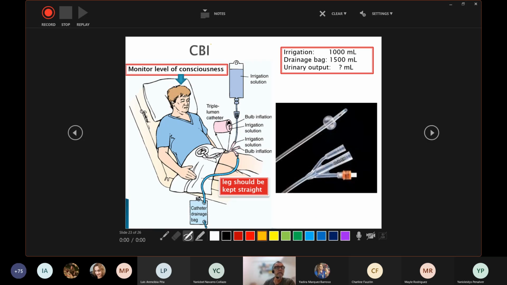For continuous bladder irrigation, remember that the liquid is entering, washes the bladder, and leaves. But also the client's urine from the kidneys is going to be gathering here and added to this bag. The desired outcome is to have a pink liquid coming out. No dark red, no white, but pink. And this is the way that the drip of the irrigation is going to be regulated.